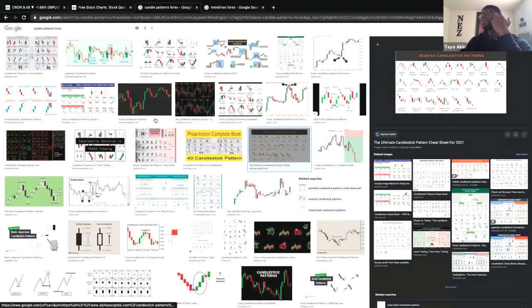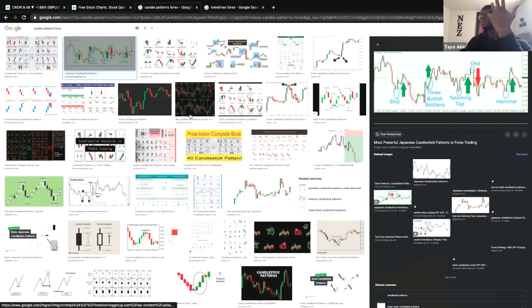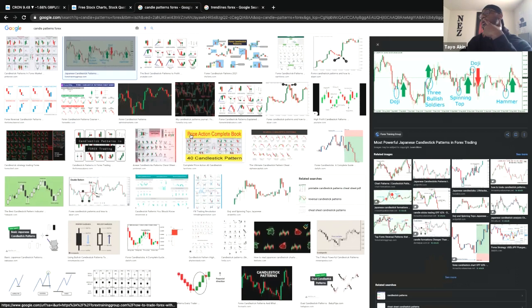This mainly applies to Forex. So that's why I don't really want to teach it, because I know the majority of you are not going to do Forex. But there are some candles which help you identify current price action, such as bullish or bearish, but I don't use them.